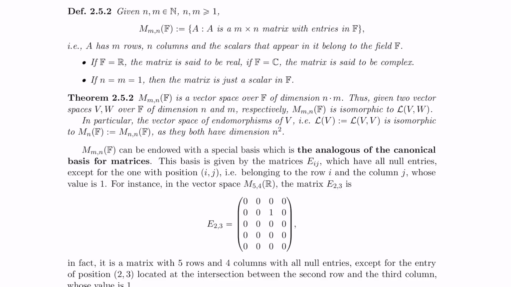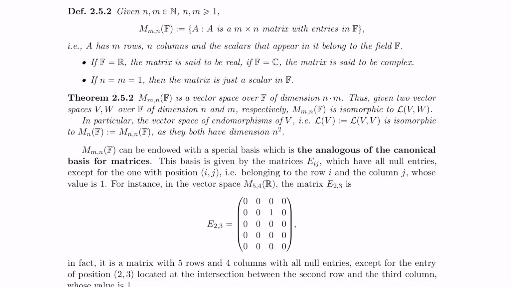In particular, if n equals m equals 1, then the matrix is just a scalar of F. The fact that the set of matrices, together with the operations of sum and multiplication by a scalar, is a vector space is guaranteed by this theorem here, which says that the dimension of this vector space is n times m.